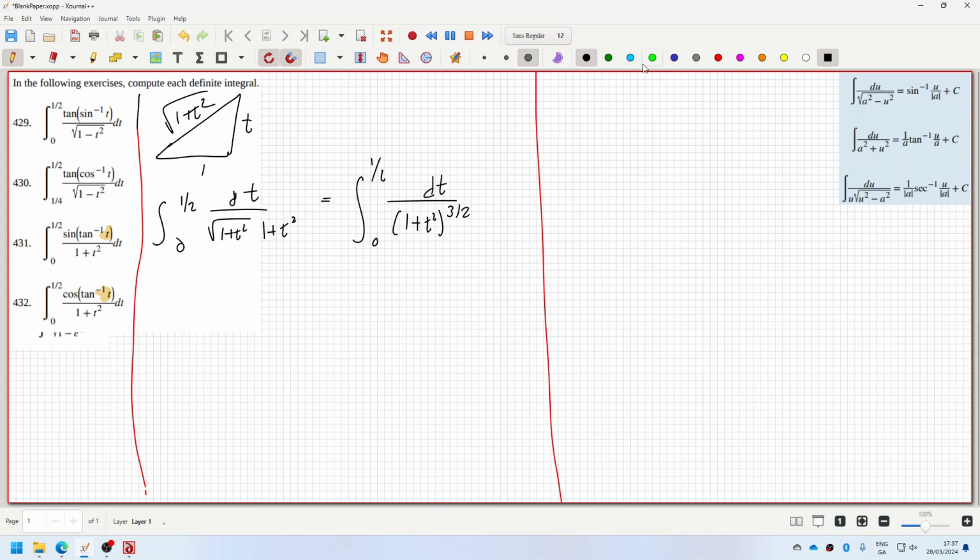And this is where I had to watch a video. I'll put the link in the description or the comments, because I wouldn't have guessed what substitution to use here. But the substitution, funny enough, is u equals tan inverse t.